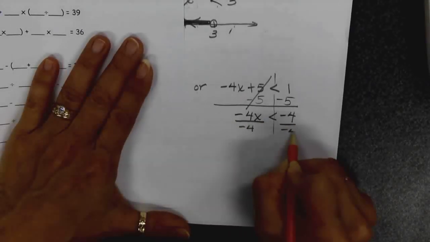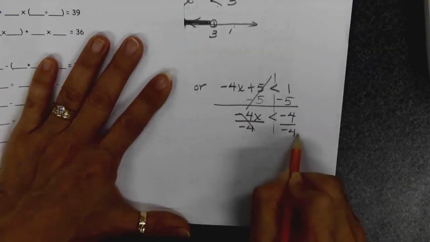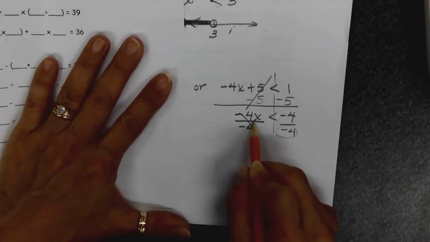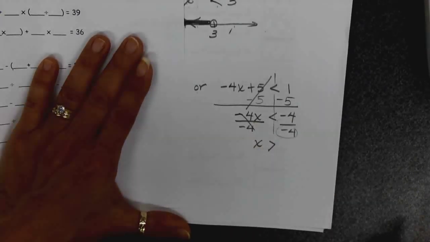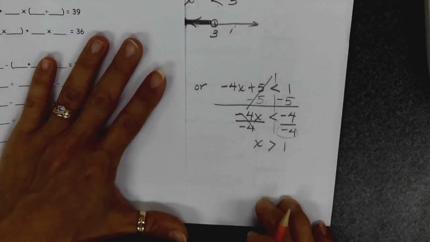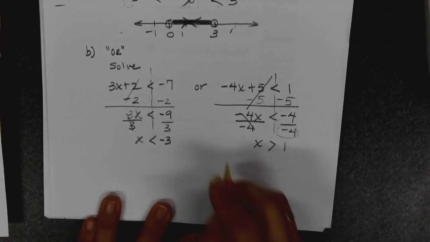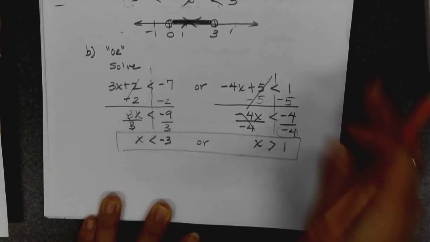Divide by negative 4, divide by negative 4. Because we divided by a negative 4, we have to flip the inequality. So this becomes x is greater than, what's negative 4 divided by negative 4? 1. Okay, so if you noticed, this is an or, so box in your answer.